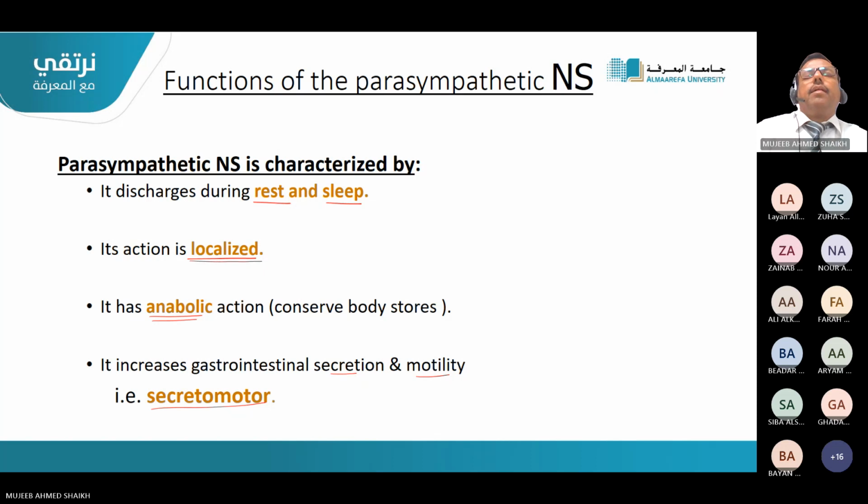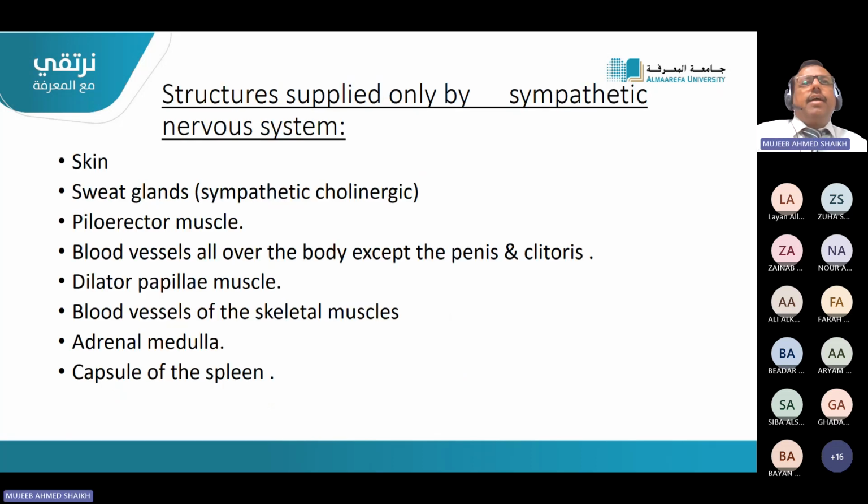As we have seen, every organ receives sympathetic supply as well as parasympathetic supply, but there are certain specializations where only one system supplies the organ. Exceptions to this general rule.